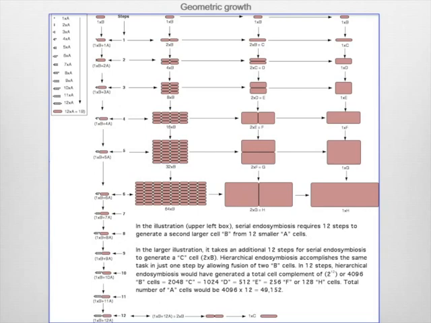Now if we go from step 1 and go to the right instead of down, you'll see that you can take 1B, and if you bind it with another B, you make that C in one step.